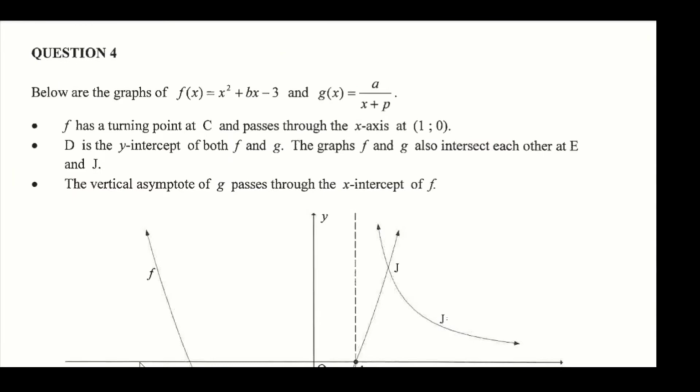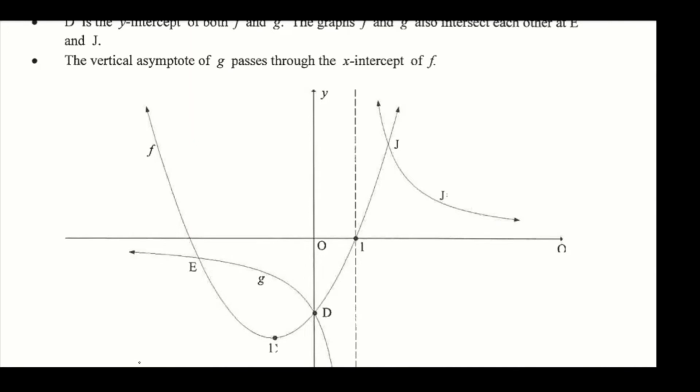Question 4. So now below are the graphs of f of x and g of x. So in this first bullet point, we are told that f has a turning point at C and passes through the x-axis at 1 and 0, right? So it has a turning point here. This is the turning point of f, right?